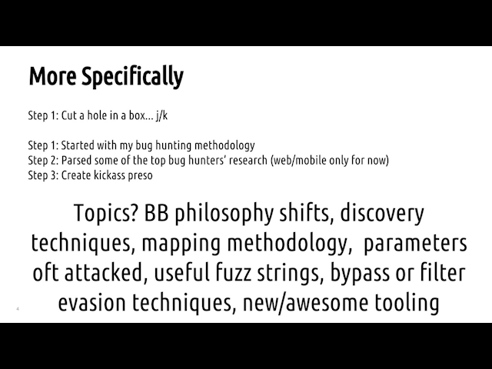So more specifically, what I did is I took my bug hunting methodology that I used, and then I went out and I parsed some of the top bug hunters' research, web and mobile only for the current iteration. And what this means is I went out and I found blogs that these researchers had started and write-ups that they had contributed to all over the internet on some of their disclosures on their bugs.